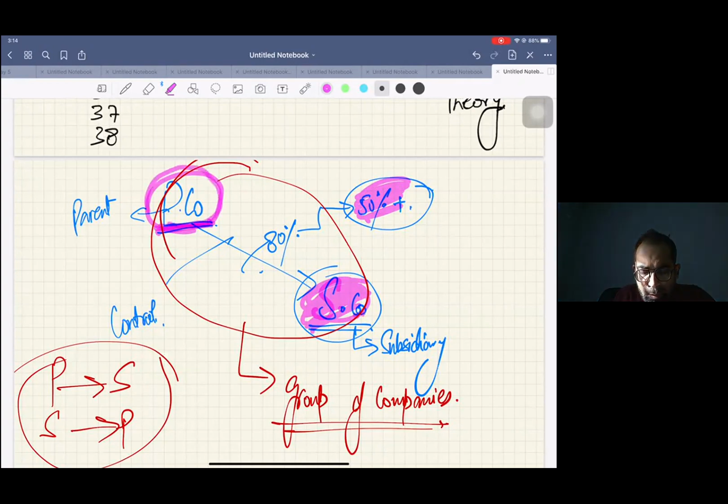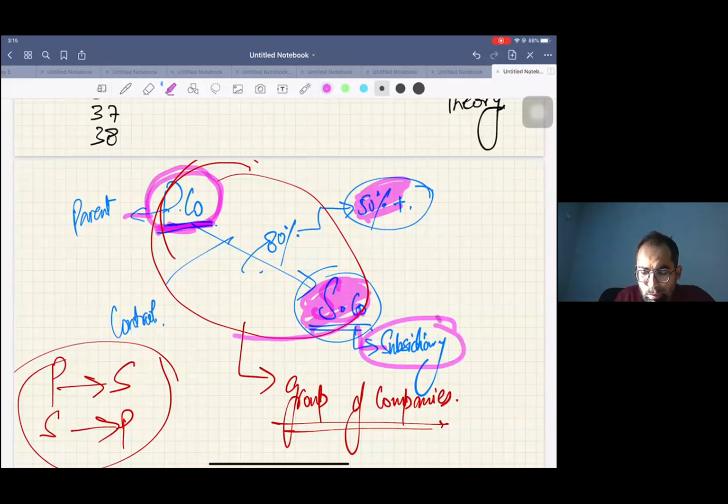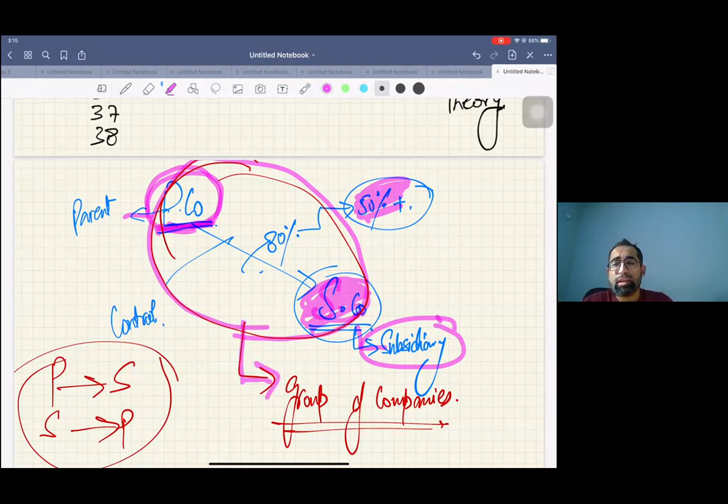Now P company is called parent, this S company is called subsidiary company, and their combination is called group of companies. This is very common in this world, that there are many entities which are parent companies and they hold different subsidiaries.